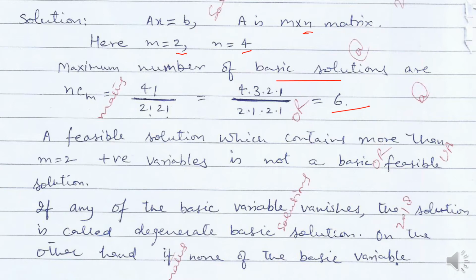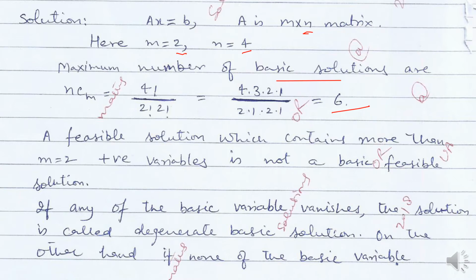If any of the basic variables vanishes, the solution is called a degenerate basic solution.